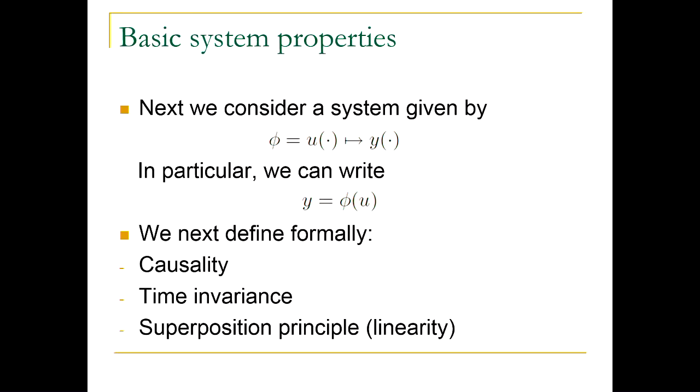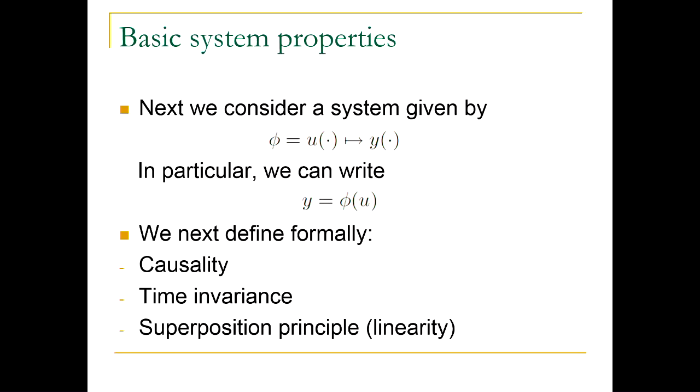All right, so let's now introduce some abstract notation. What I'm saying here is that my system is a map that maps any input to any output. We saw that this is a possible abstract definition of a system. Any input is mapped to some output.